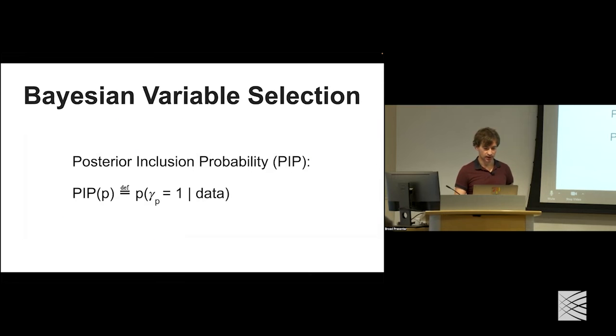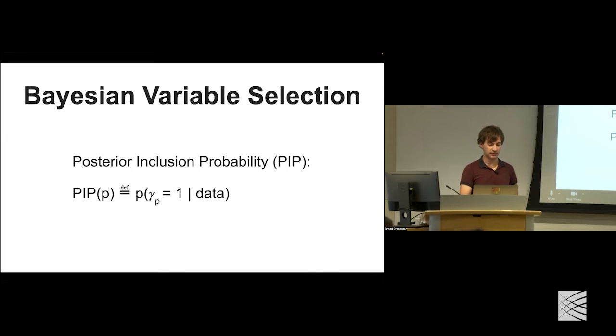So one of the nice consequences of this Bayesian variable selection approach is that because we're explicitly reasoning about including and excluding covariates, and because we explicitly introduced this random variable gamma, it makes it easy to compute something called the posterior inclusion probability, or PIP, which is a score between 0 and 1 that we can compute for each covariate that encapsulates how much statistical evidence there is for the inclusion of that covariate in our model space if we want to fit the data, right?